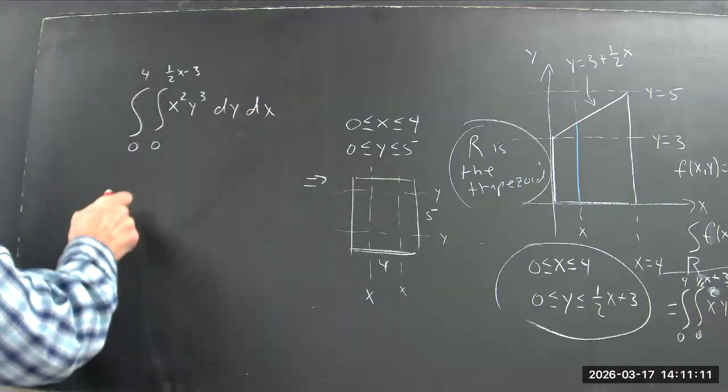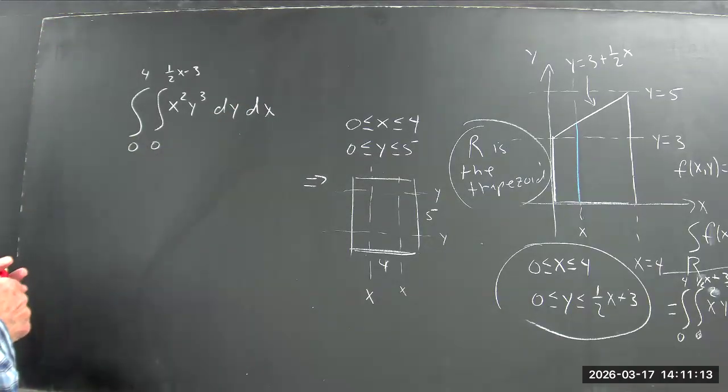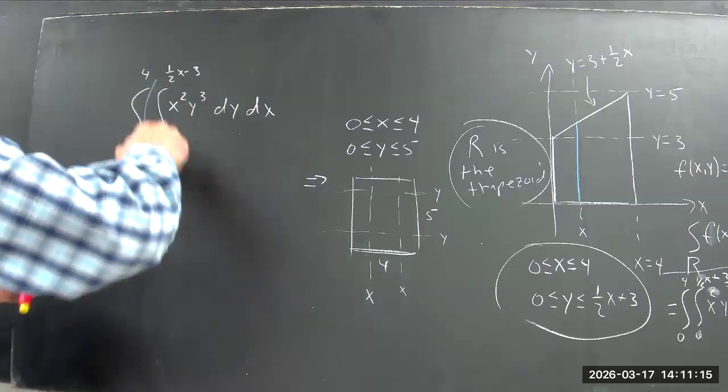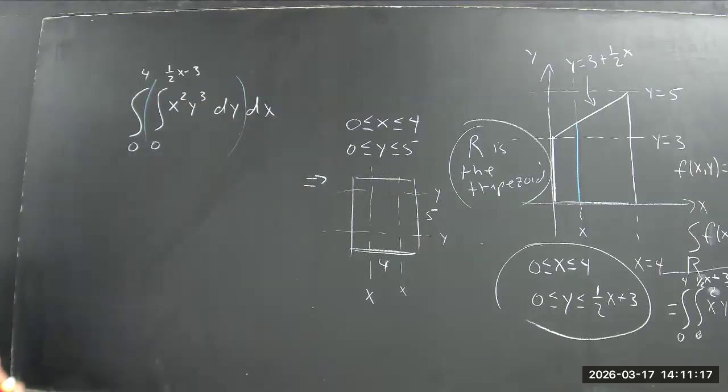Let's see how this works out. Kind of need to know how it works out. First thing I'm going to do is put parentheses around the thing that we're integrating first, which is this with respect to y.